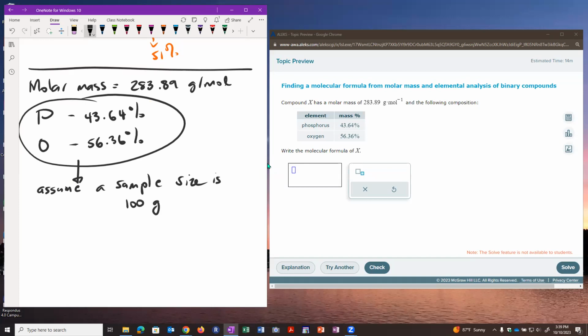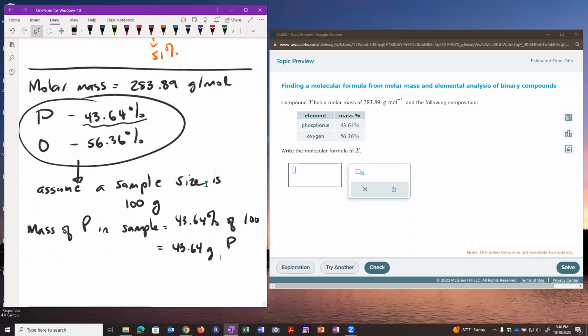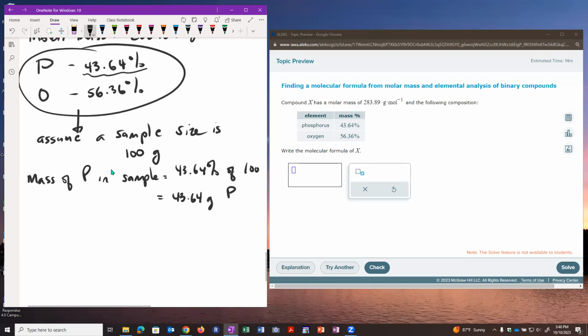So if I have 100 grams of the sample and 43.64% of it is phosphorus, that means the mass of P in the sample is 43.64% of 100, which, guess what, is 43.64 grams of phosphorus.